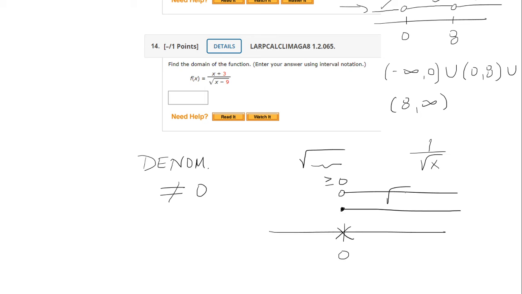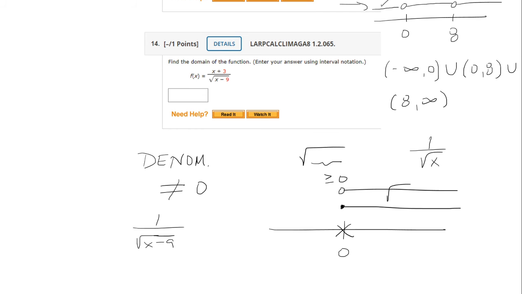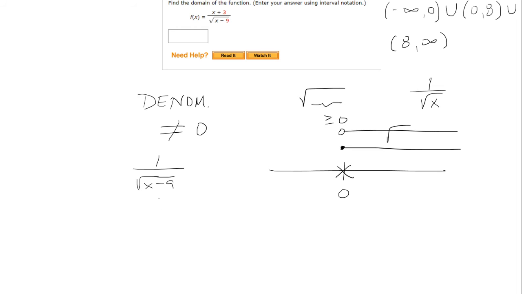Okay. But for us, we have 1 over square root of x minus 9. So what we're going to do is set this equal to 0 and get that x equals 9. So that's going to be the point on here. If x is less than 9, we'll be taking a square root of a negative, and that can't happen.